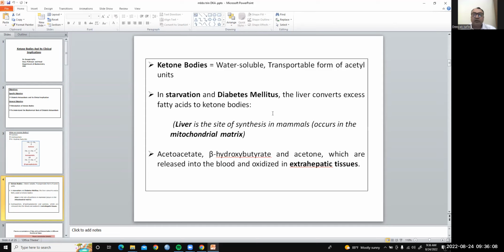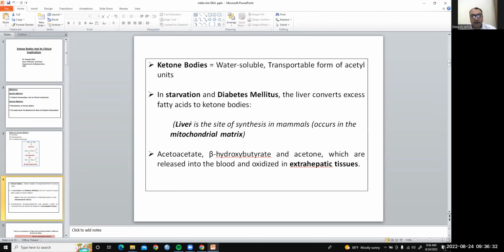That high ratio of glucagon will activate the hormone sensitive lipase system, and that hormone sensitive lipase will break down the TAG molecule to free fatty acids and glycerol. The free fatty acids will enter into the circulation. They are carried by albumin up to the liver.